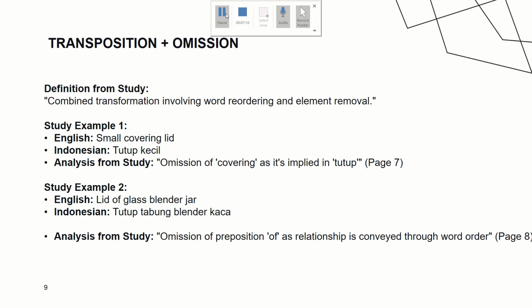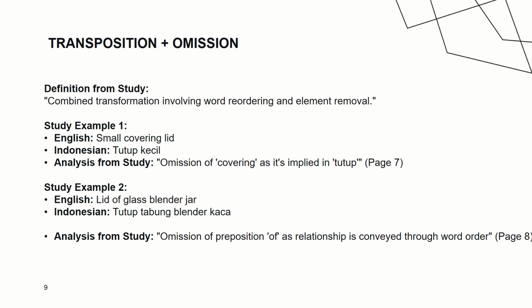Transposition plus omission. Examples. This is a combined transformation involving word reordering and element removal. For example, small covering lid becomes tutup kecil.